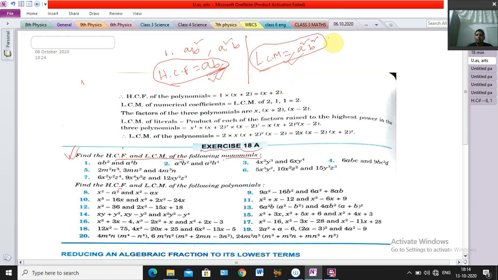Next, question number 2 is A cube B square and A square B to the power 4.